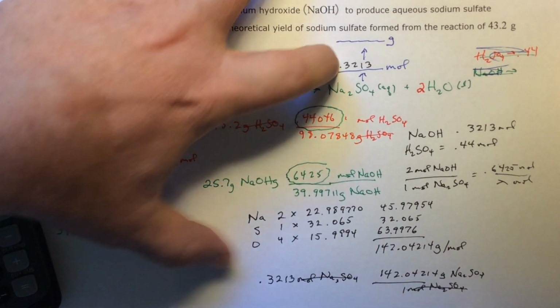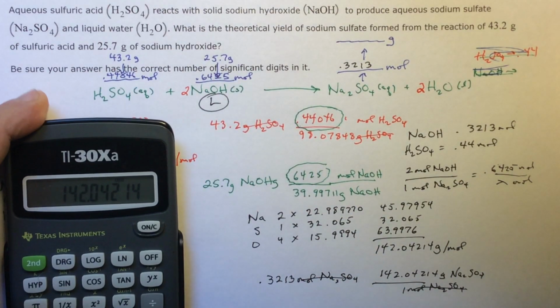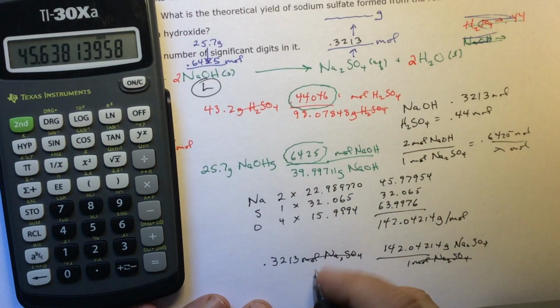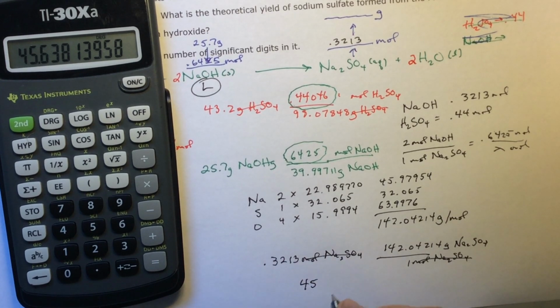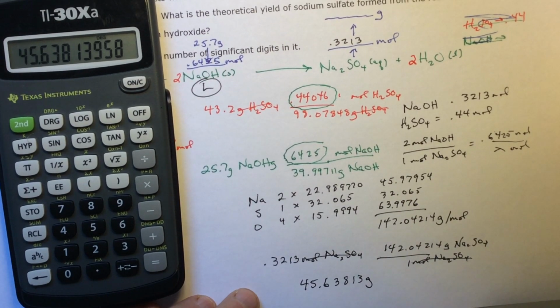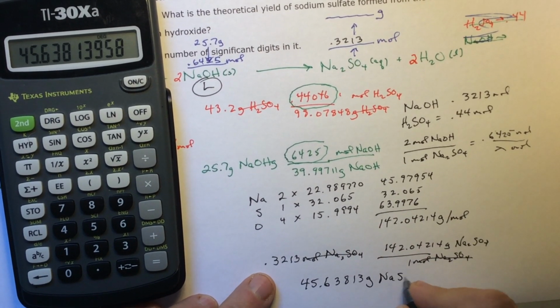Moles cancel. Multiply that out. I get 45.63813 grams of sodium sulfate.